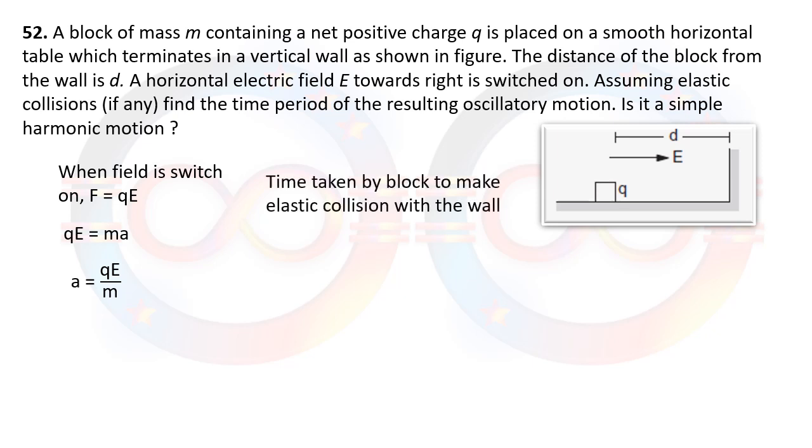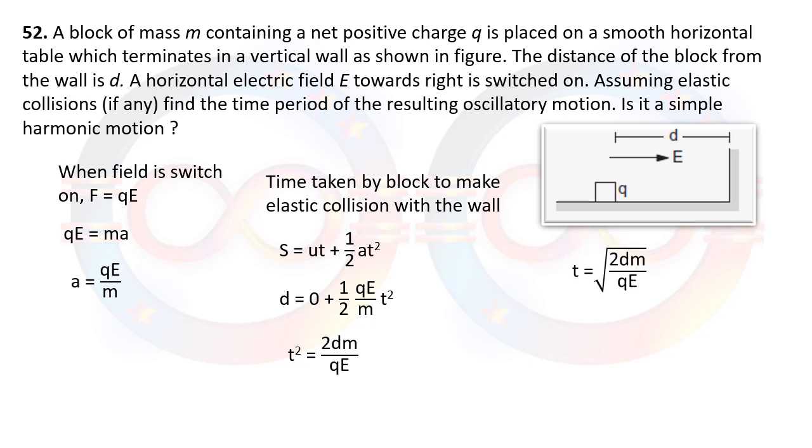How much time would be involved in order to complete the distance d? That we can calculate by the formula S = ut + half at square. Once we put S as d, u as 0, and half QE upon m into t square, t is nothing but under root 2dm upon QE.